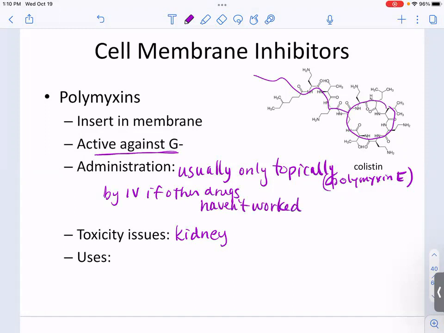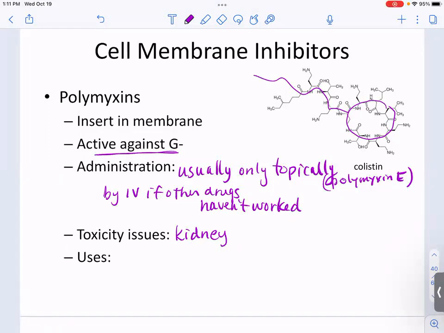And I was reading yesterday that sometimes they even administer this in an aerosolized form for cystic fibrosis patients that have some kind of lung infection. So typically topically, but there are some other possibilities.